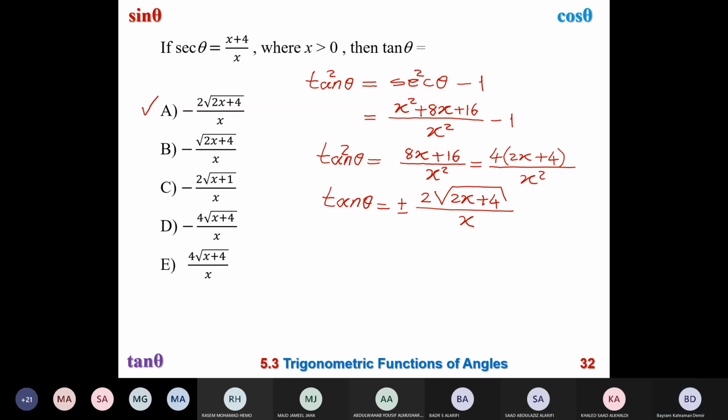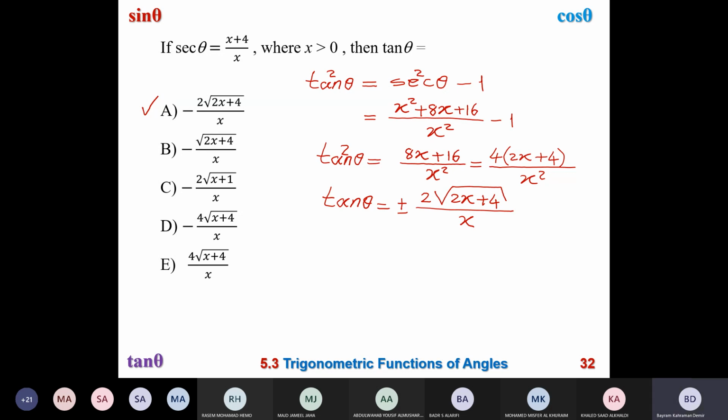All right. Now, has it been clear enough? How did we choose, Shabab? Yes. How in the 4th quadrant will it be negative? In the fourth quadrant, tangent is negative, right? We need to memorize these things.